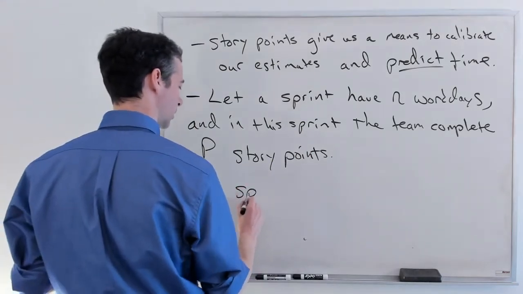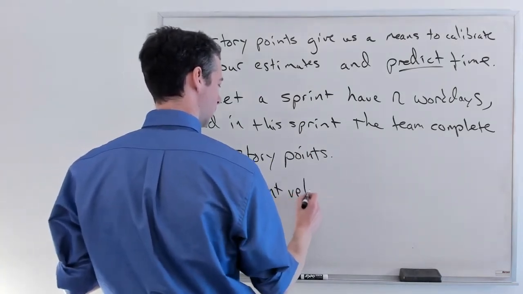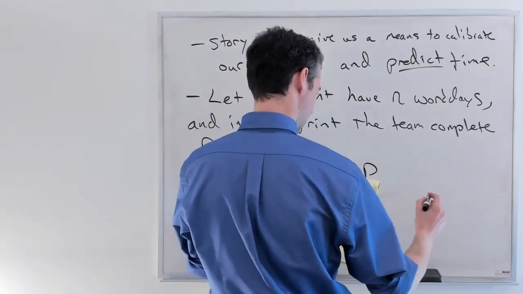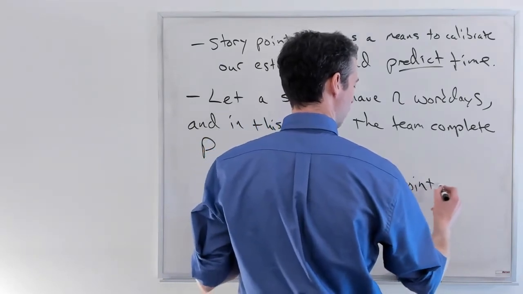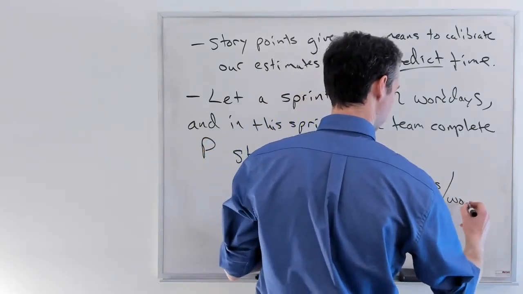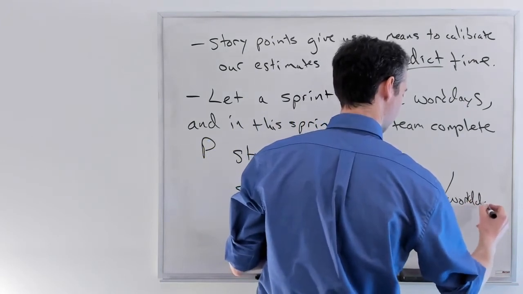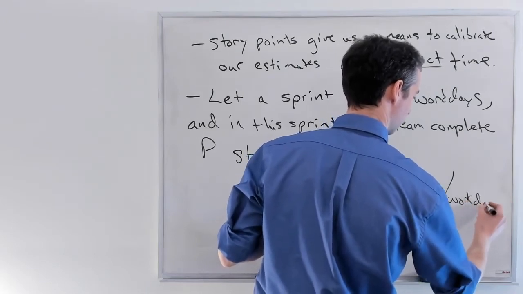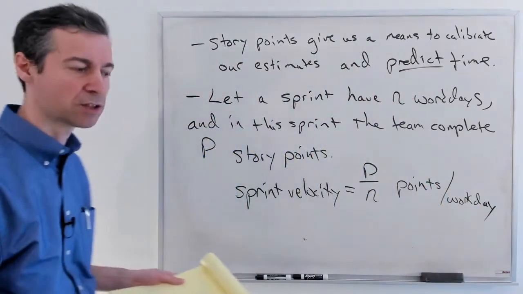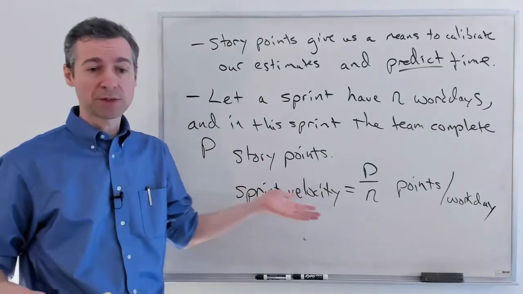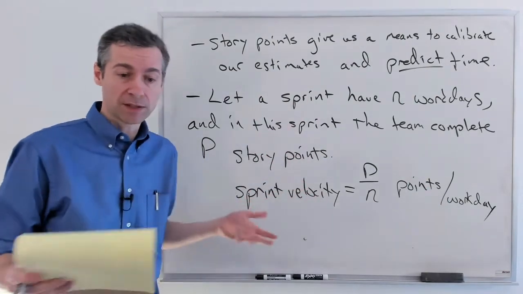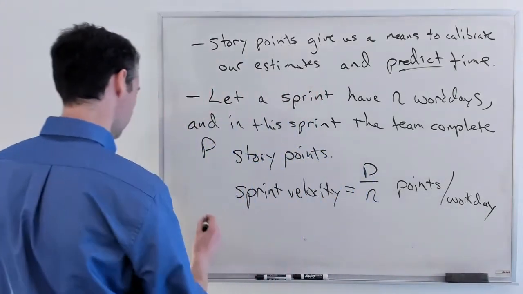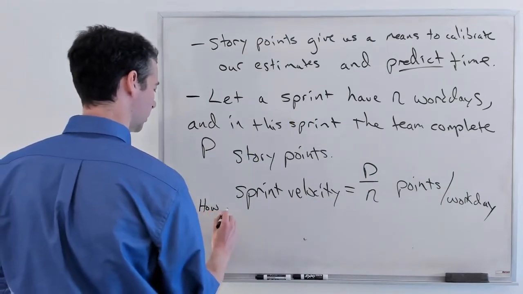Then we define a simple thing called sprint velocity, which is just equal to P divided by N. So this is points per workday. Simple. What's the rate that you're actually getting those points done? And we base it upon our previous sprint. That's how well our team is currently working. So how much work can you get done in the next sprint?